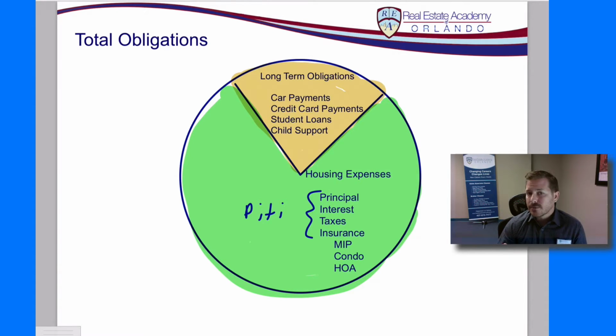Some items that a lot of people think are part of the underwriting process that the banks use just aren't. If it's not in your credit report, it's typically not counted. Those would be things like your cell phone bill or your cable bill. It's not going to show up in your credit report, so it's not a long-term obligation.